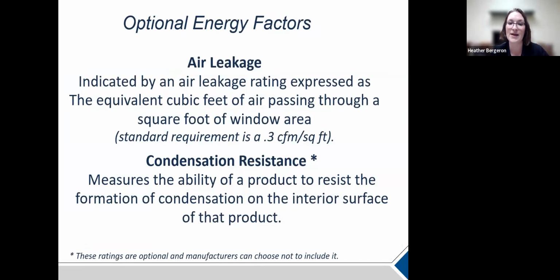The standard requirement is 0.3 CFM per square foot, okay? Your condensation resistance measures the ability of a product to resist the formation of condensation on the interior surface of that product. A lot of these ratings are optional, and manufacturers can choose not to include them. That's whenever, again, the default chart comes into play.